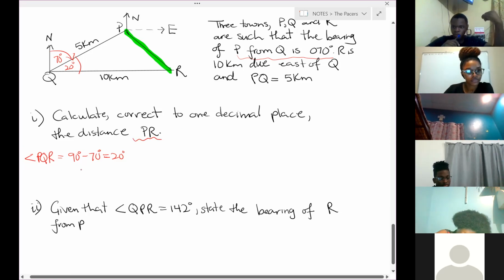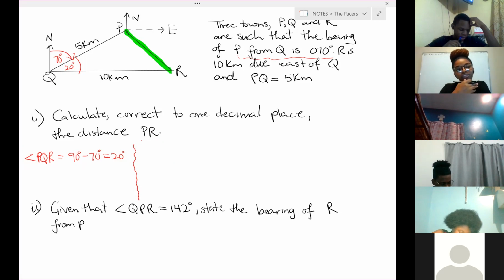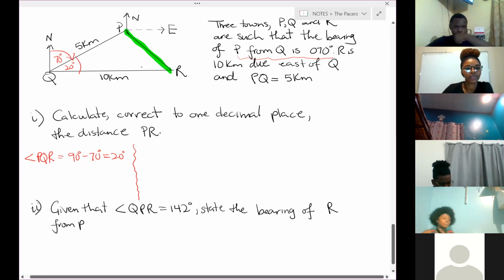Miss, it can't have a 90 degree angle. Who said it's a right angle triangle? We don't know for sure if it's a right angle triangle because we don't know angle R. We don't know this angle, and therefore we don't know this angle. So we can't assume it's a right angle triangle.